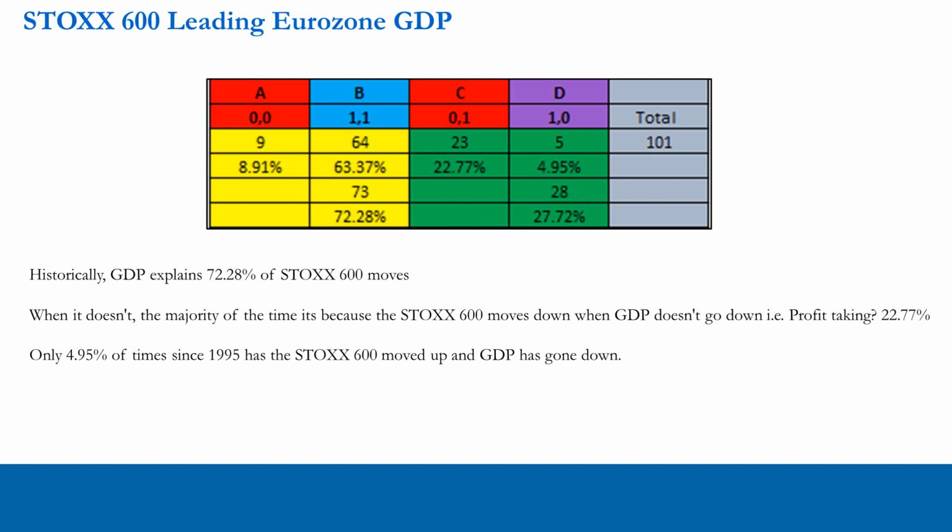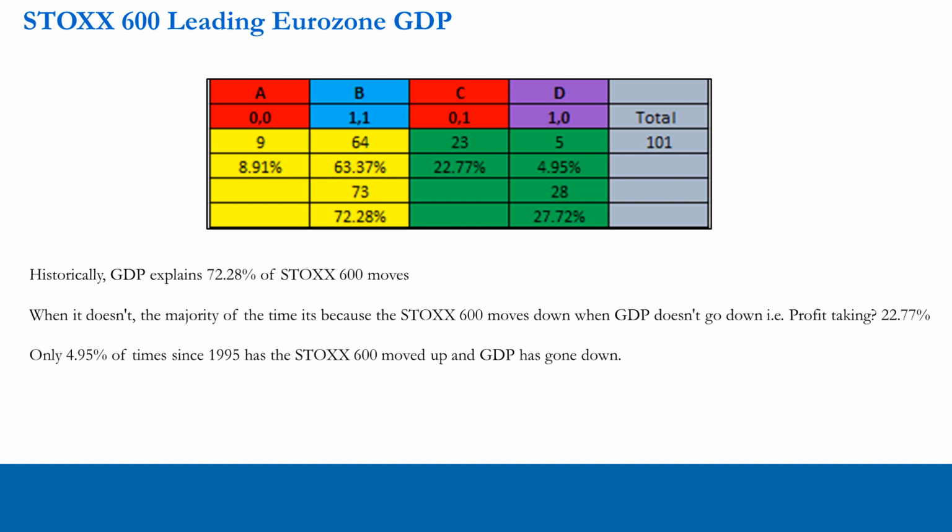This happens less than 5% of times. So we only have 5 quarters out of our entire data set of 101 quarters since 1995, where the Stoxx 600 has moved up and GDP has actually gone down, or is reported down in the quarter after the move.